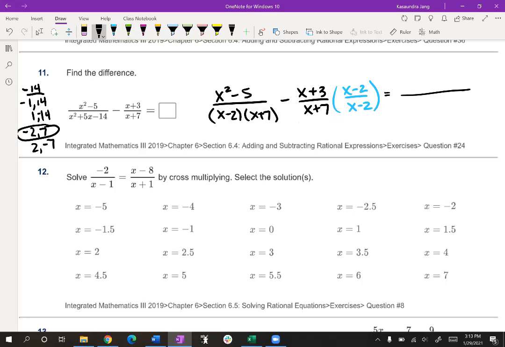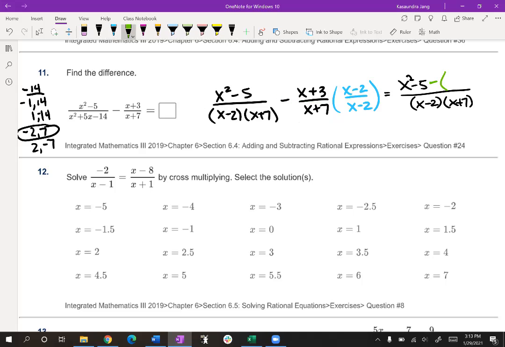Okay, so I'm going to put it all over that common denominator. All right, the numerator. Let's see here. My first numerator, x squared minus 5. Okay, careful on my subtraction here. I have to subtract all of this stuff, the entire second numerator.